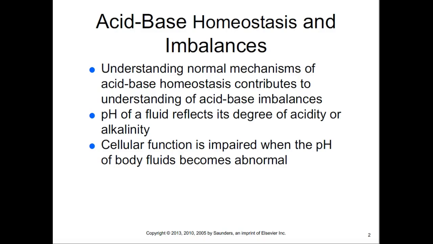However, the major problem is that it takes 24 hours. As long as your condition is not immediately fatal, after about 24 hours the urinary system can adjust. So that was my little review there.